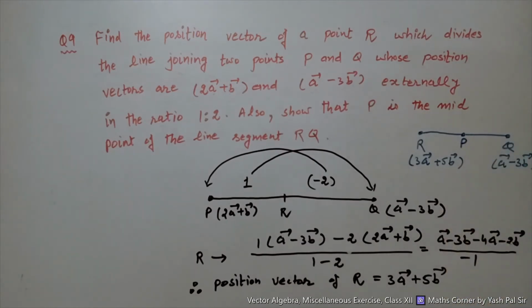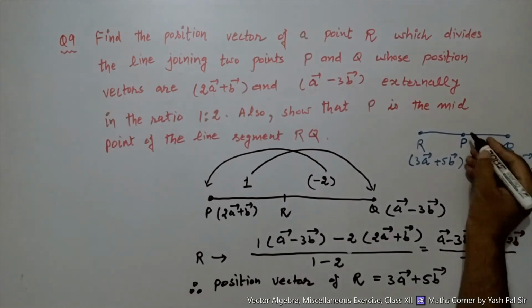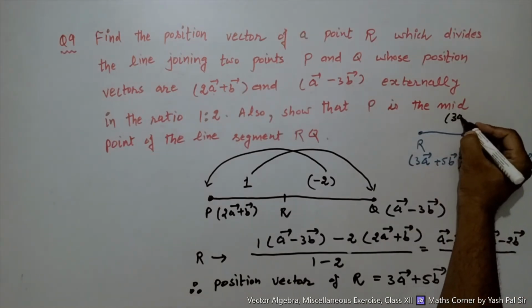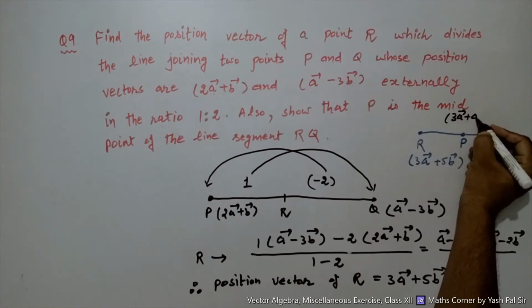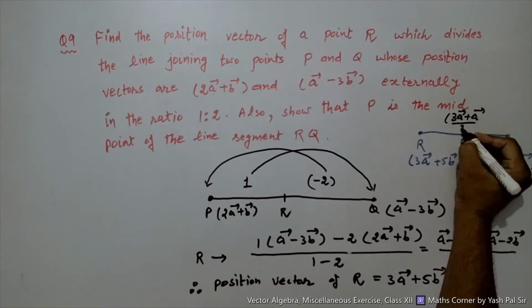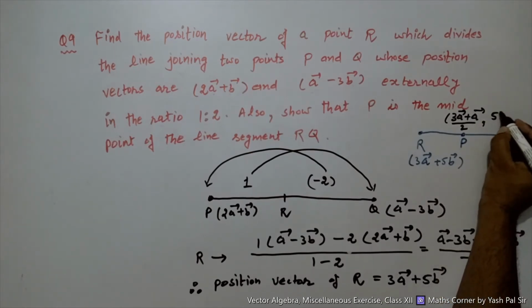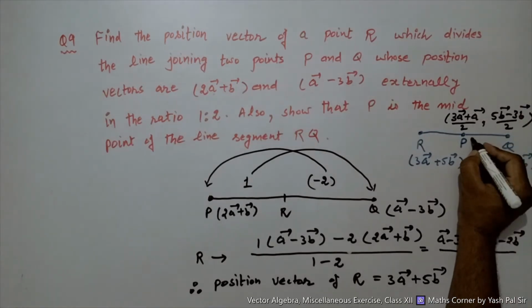Now what is P? Here P is equal to (3A plus A) divided by 2, comma, (5B minus 3B) divided by 2.